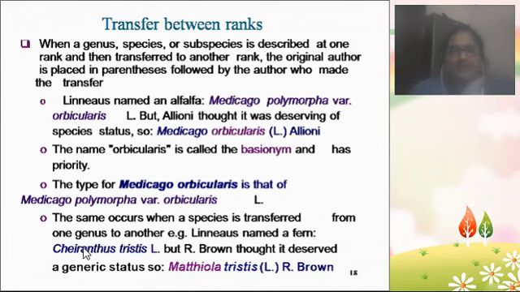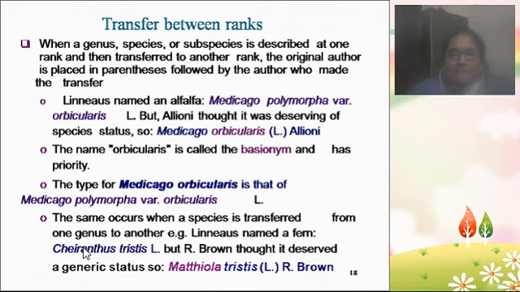When someone transfers one species from one genus to another genus, suppose one scientist kept species X under genus Y. Another scientist came later and kept species X under genus Z, meaning he changed the species from one genus to another.